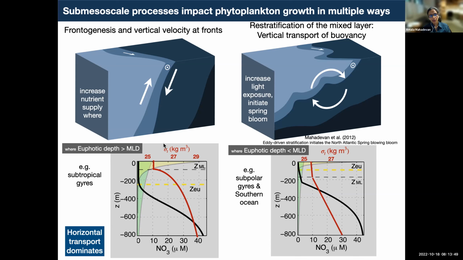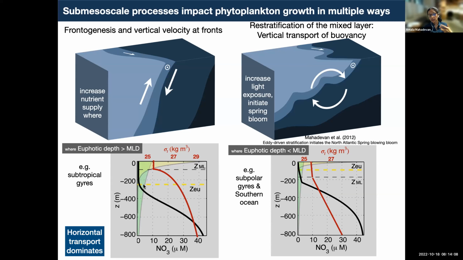So the first one, we think of it as being more important in subtropical gyres. And in subtropical gyres, this red line is showing us a typical density profile. The depth of the mixed layer is very shallow. And the depth to which the light penetrates, the euphotic layer, tends to be deeper than the mixed layer.